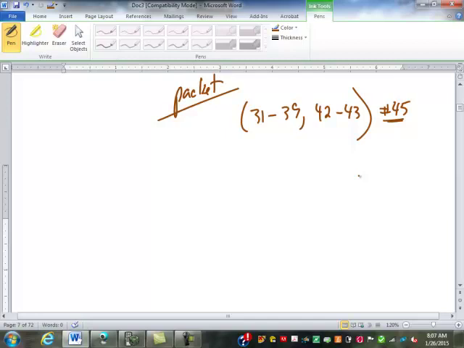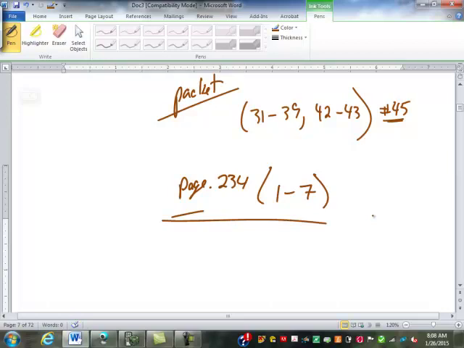So in the other packet, page 234, let's just have you do 1 through 7 right now, talking about tapers. So it actually spills over onto page 235 and 236 as well. That'll be enough to keep you busy for tonight.